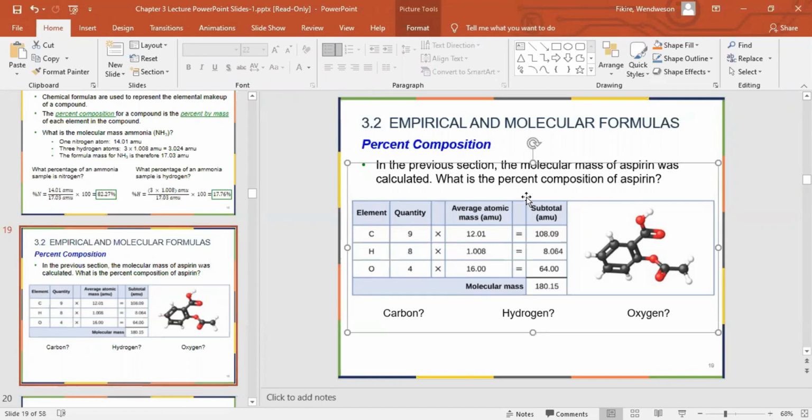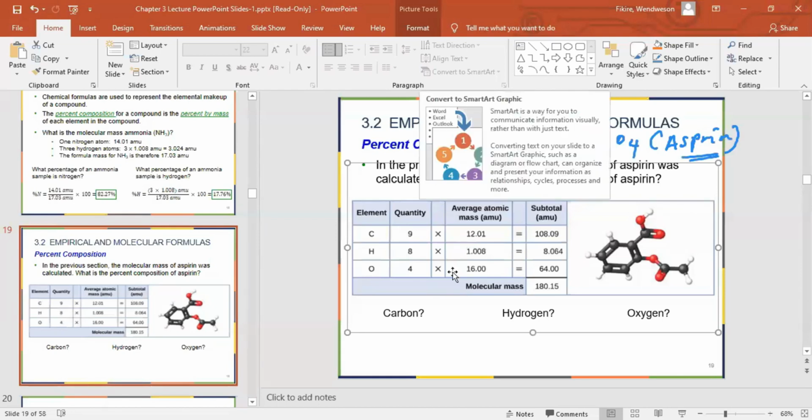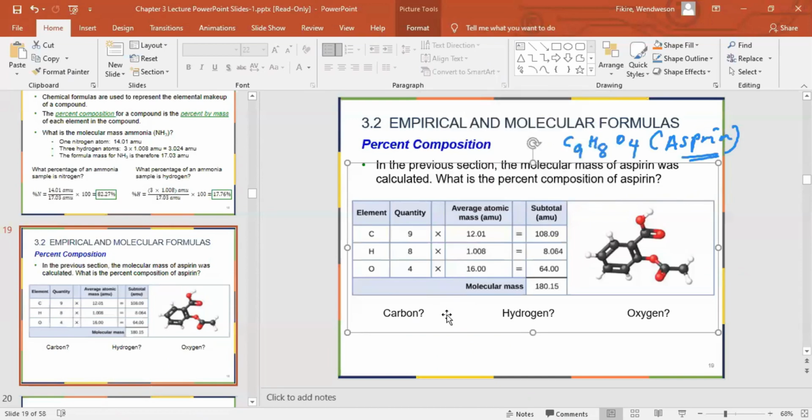C9H8O4. That's the formula for aspirin. Based on this, we're going to calculate the percent composition of carbon, percent of hydrogen, and percent of oxygen.